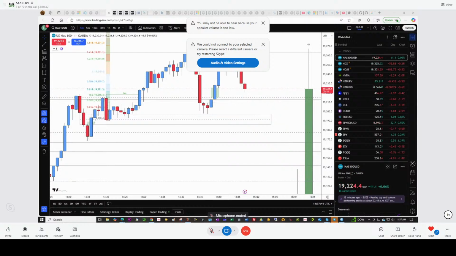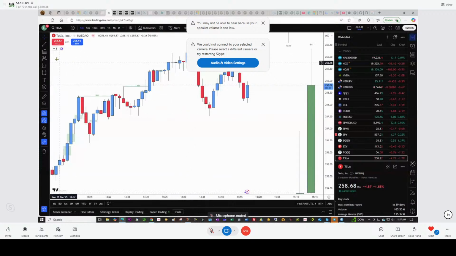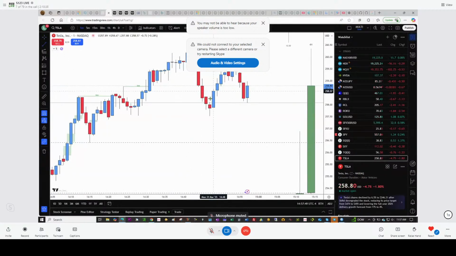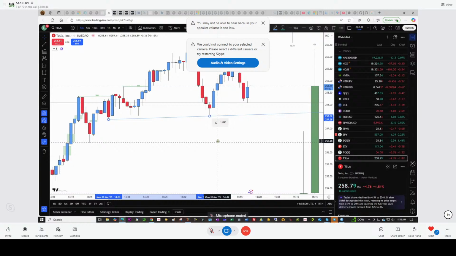Yeah, that's where the trend line break would come into play. If I marked it on Tesla, we'd be looking for a break of this trend line here. That's not right. It would be this one right there. Yeah, that's the one. But they did not break the high here. So this is a DeMark supply trend line.